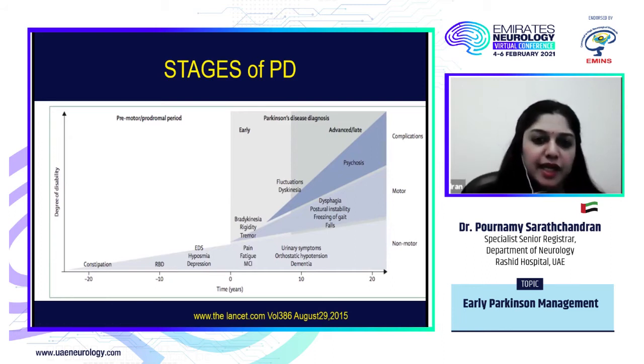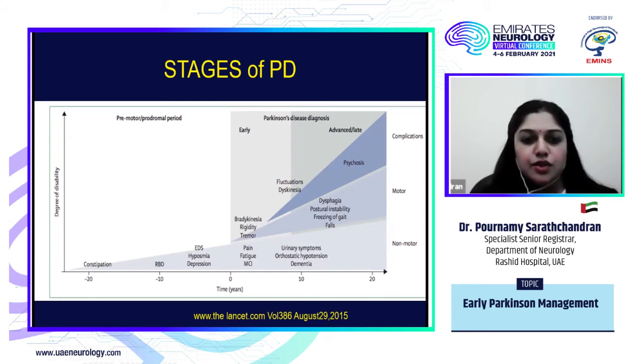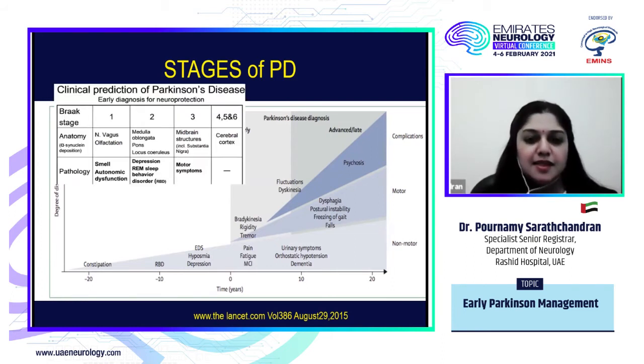So why do we get these non-motor symptoms even before the motor symptoms? This has something to do with the Braak staging. The disease progression takes a certain anatomical profile, in the sense that the synuclein deposition first happens in the vagus nerve and the olfactory nucleus, and then the medulla oblongata, and then it progresses to the midbrain structures and the cerebral cortex.